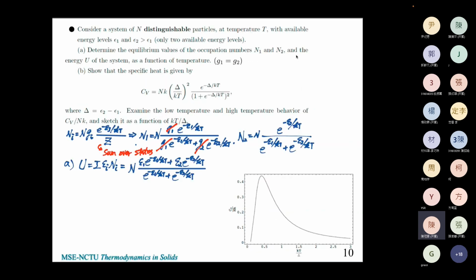Okay, so this is U here. Hope you can see it a bit.